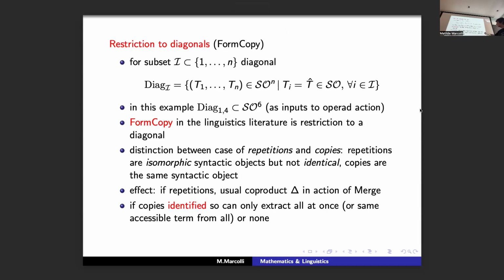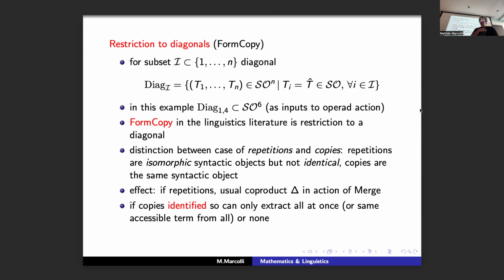This is different from saying that your workspace can have the same syntactic object occurring several times. That's referred to as a repetition in linguistics, but they don't necessarily have to end up playing the same role, being the same identified elements in a sentence.